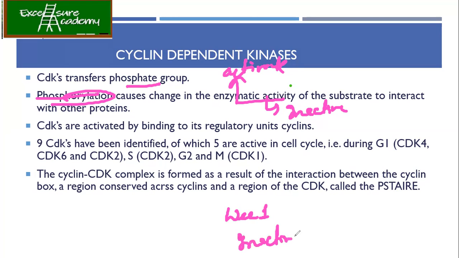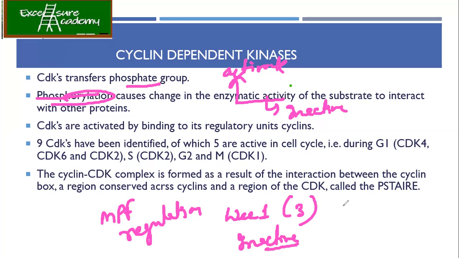If you remember the figure of MPF, the maturation promoting factor regulation, V1 comes in and adds 3 phosphate groups, which makes it inactive. Later CDC25, which is a phosphatase, removes the phosphate group and makes it active. So it is phosphorylation or dephosphorylation which regulates the enzymatic activity, either making it active or inactive.